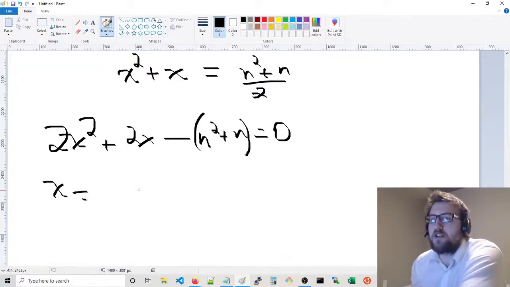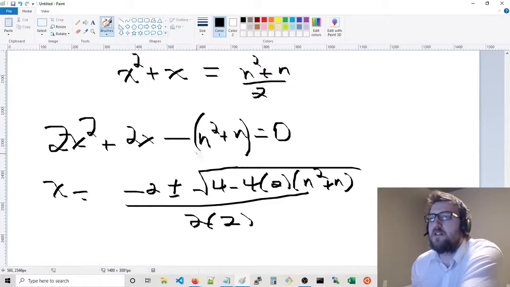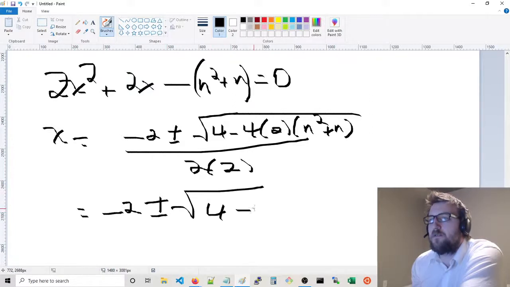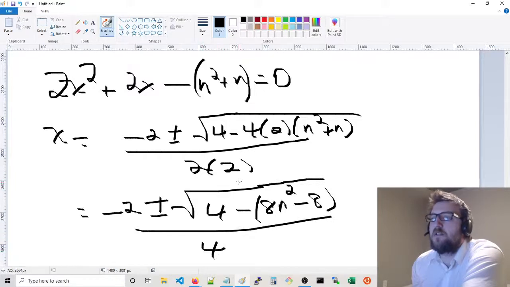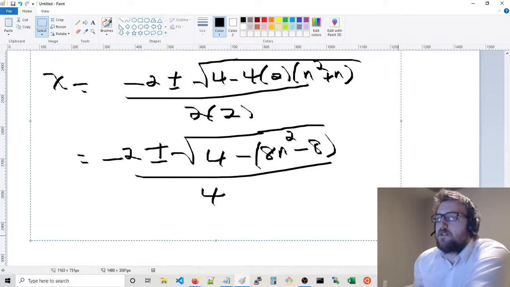So x is negative b plus or minus the square root of b squared minus 4ac, all over 2a, and negative 2 plus or minus 4 minus 8 n squared minus 8, over 4. You know what? Let's actually factor out that 2.